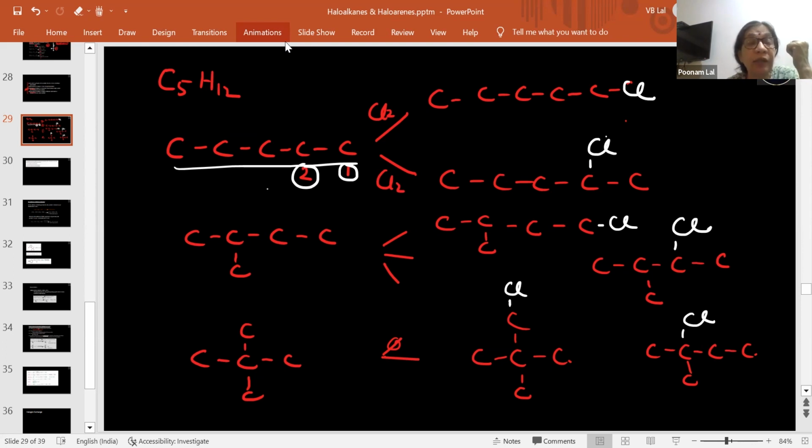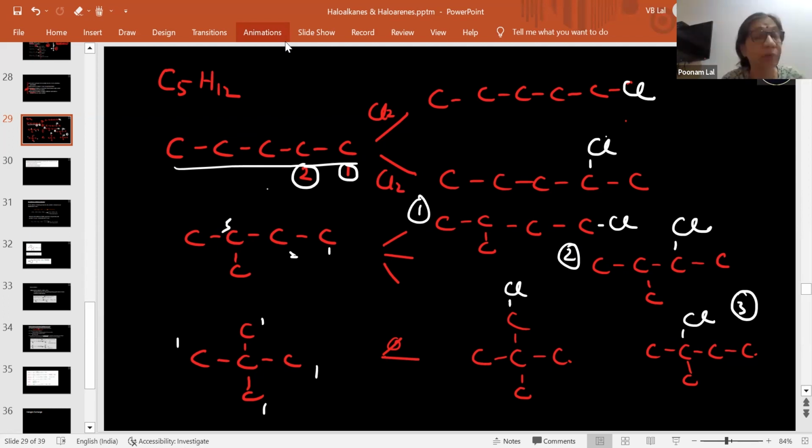In this case, there are three types, 1, 2, and 3, so I can get 1, 2, and 3 types of alkyl halides. And in this case, there are two types of carbon, but hydrogen is only one type. All of them are primary. So I will get only one type of alkyl halide, only one monohalogen derivative.